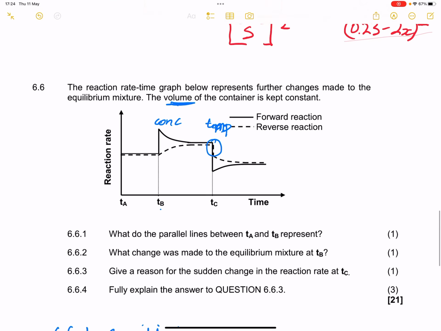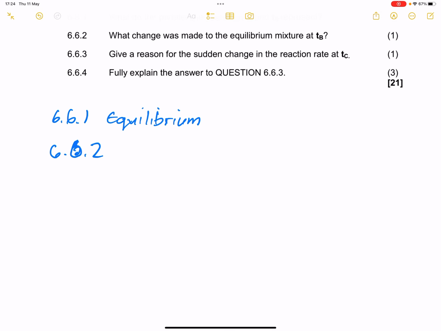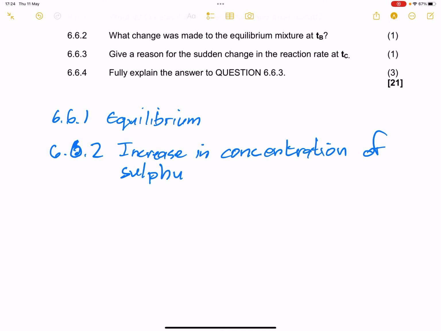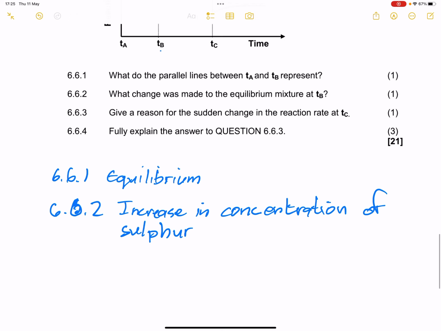So we increased the concentration of our reactant. So there was an increase in concentration of sulfur, or you can say of your reactants. In this case, the only one that you can increase the concentration of is sulfur, right?